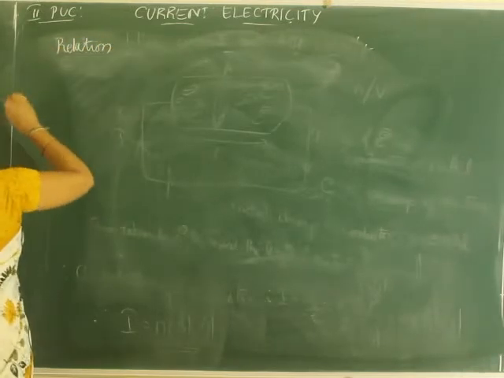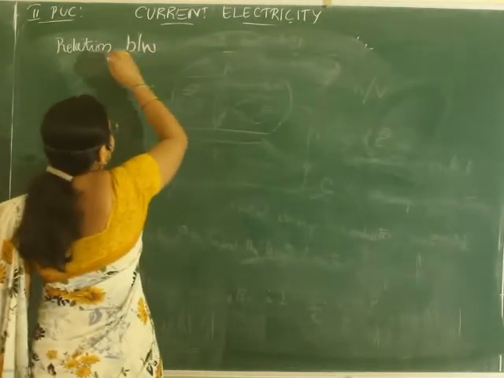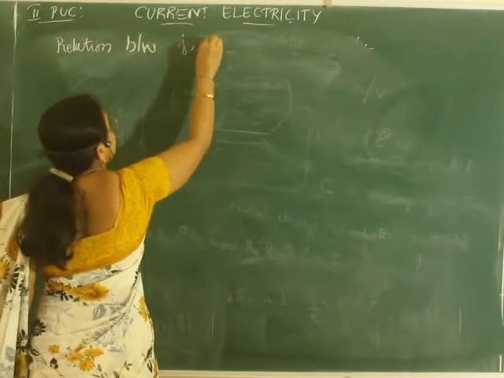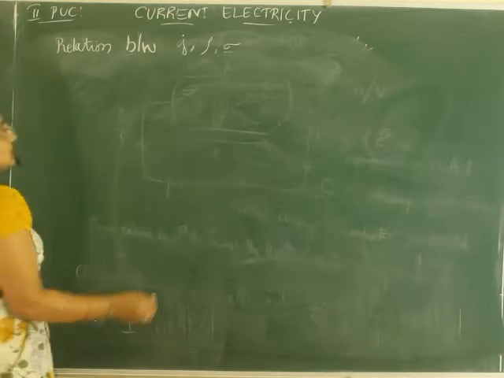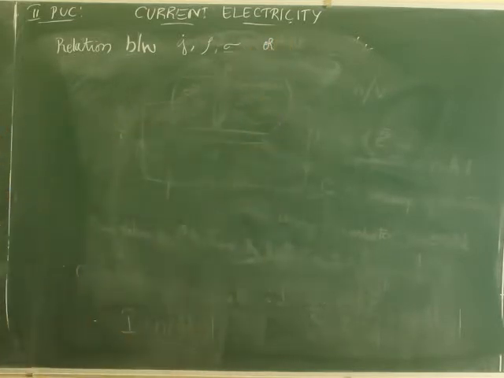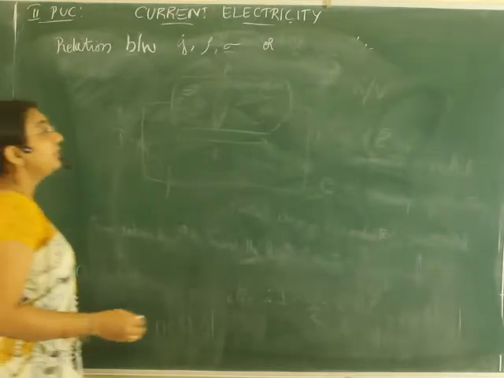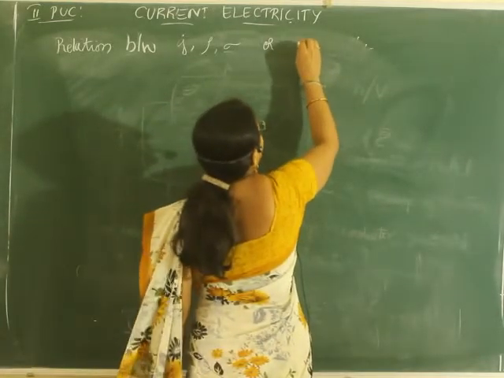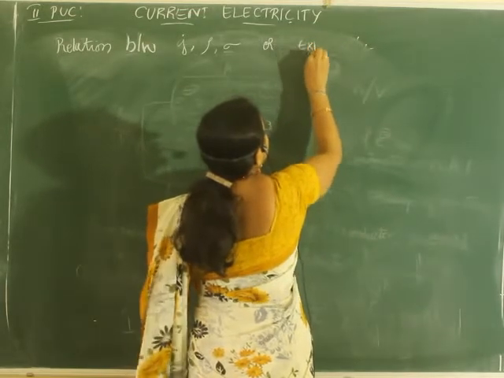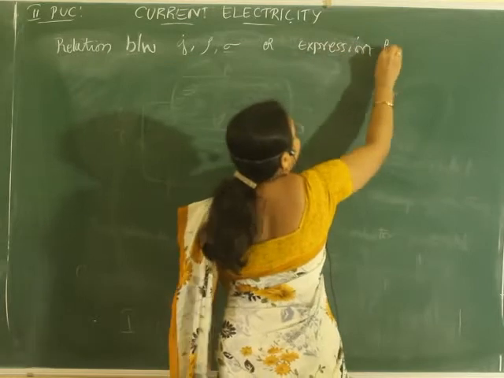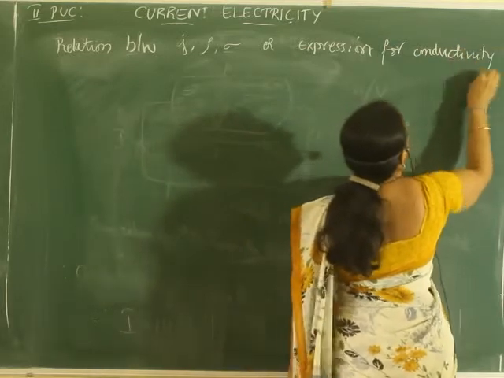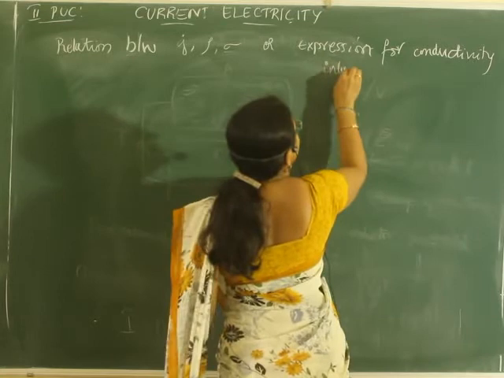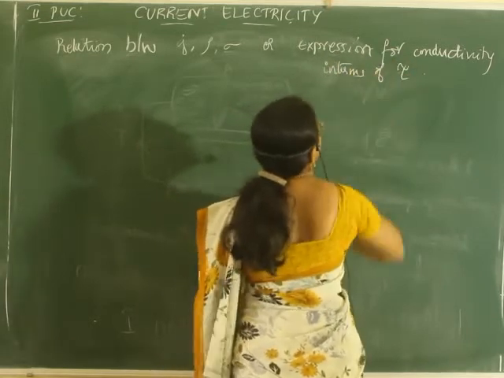See here, this question can be asked in different ways. Either they can write the relationship between current density, resistivity and sigma, or they can ask the question as: derive the expression for conductivity in terms of relaxation time.